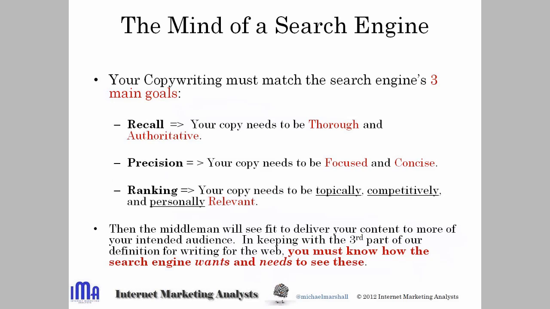And I don't have time to go into the details of it, but putting in those supporting terms will actually help with personalization. So this middleman, the search engine, will see fit to deliver your content to more of your intended audience if you meet these three areas. So, in keeping with the third part of our definition for writing for the web, you must know how the search engine wants and needs to see these.